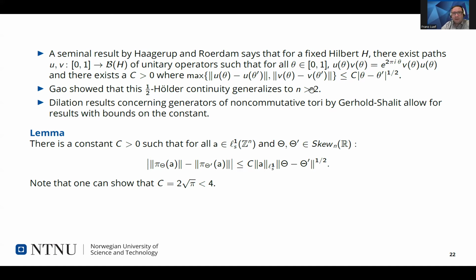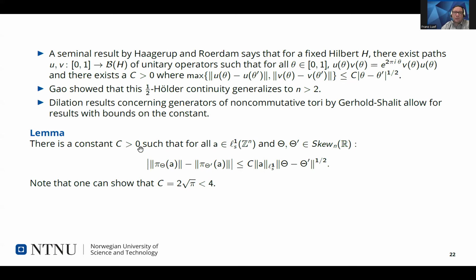If you combine this with some results by Gerhold and Shalit, then you also get some control over this constant. So this constant can be chosen to be 2 times the square root of pi, and this somehow is optimal.